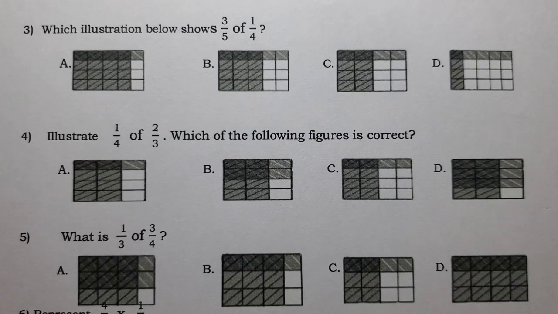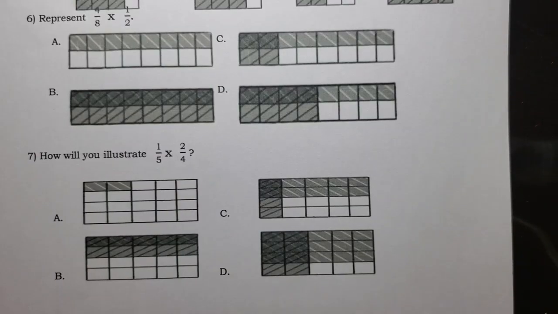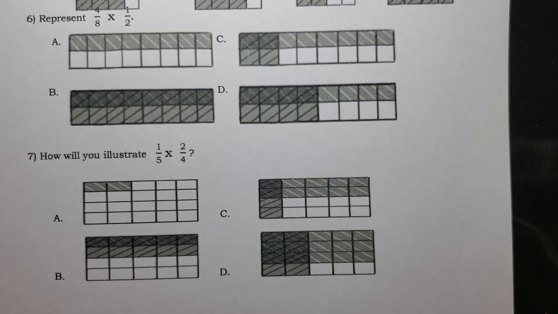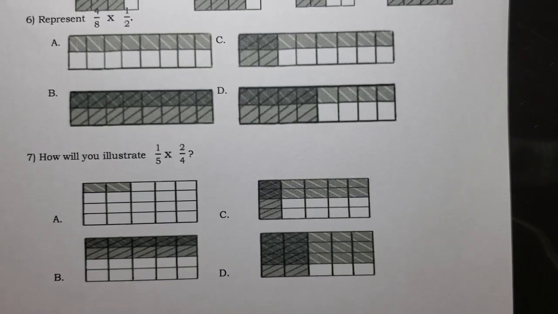Pause this video to answer items number 3 to 5. For item number 6, which represents 4/8 times 1/2? For item number 7, how will you illustrate 1/5 times 2/3? Pause this video and answer items number 6 and 7.